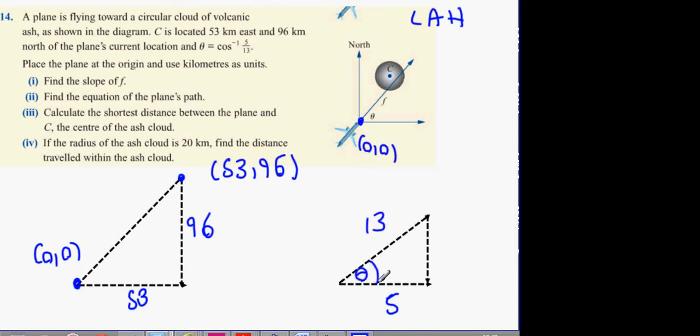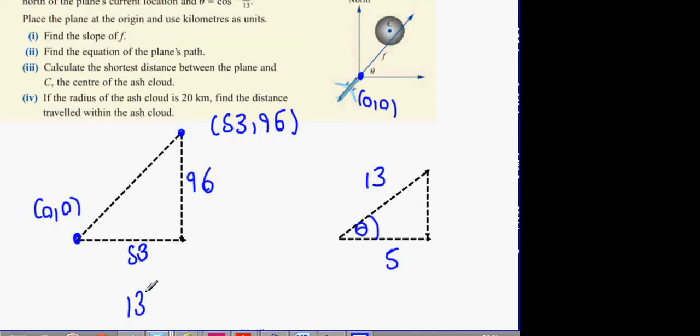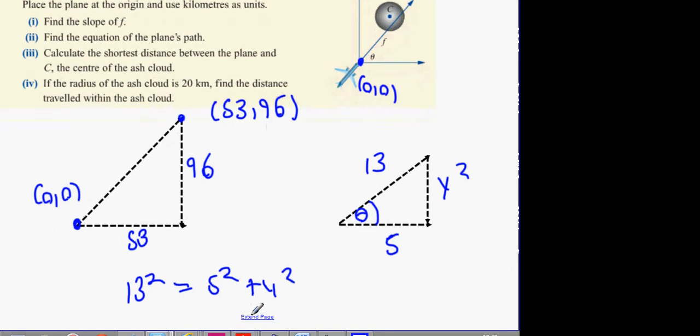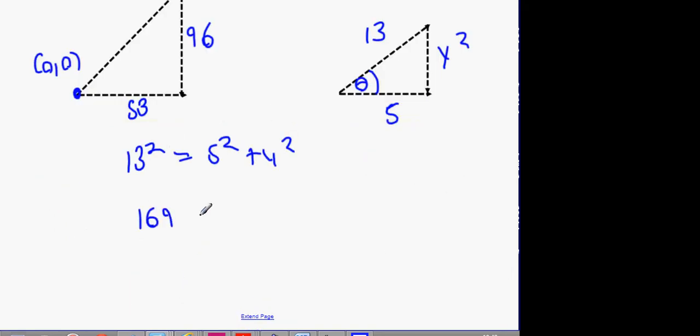Now, I told you earlier to do Pythagoras' theorem here. You're going to get 13 squared equals 5 squared plus y squared. 13 squared is 169, equals 25 plus y squared.